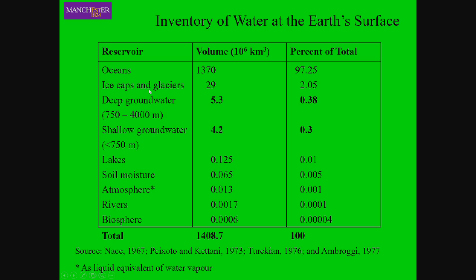We have lots of fresh water in the ice caps, but hardly anybody lives there. We can see that much of our surface water supply comes from lakes and rivers. Actually, that's a very tiny proportion of the total water reservoirs. So in terms of drinkable water, the most substantive reserves near the Earth's surface are actually groundwater systems.